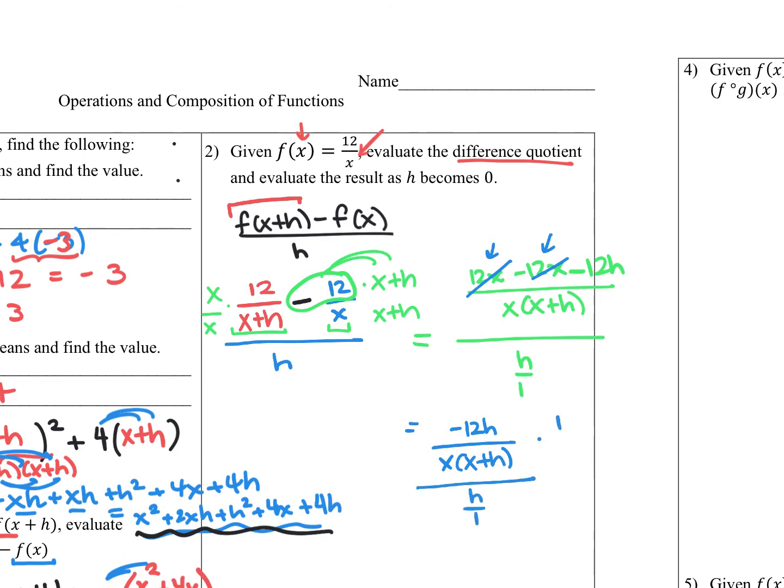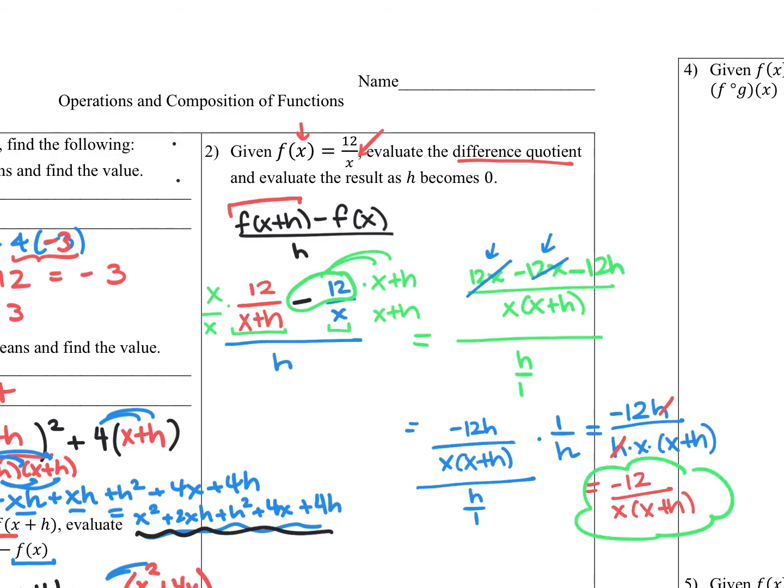So I'm going to multiply by the reciprocal 1 over h. And so this will be a -12h over h times x plus h. Remember when we have the same variable on the top and the bottom, those can cancel, so h over h cancels. We have -12 over x times x plus h. That is going to be our difference quotient.